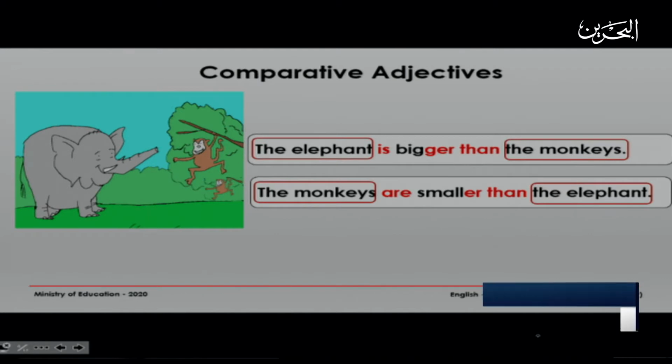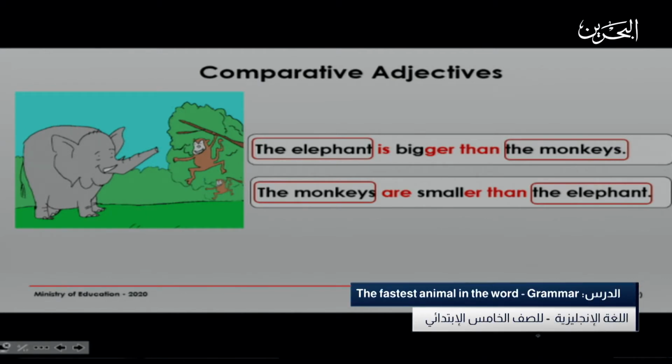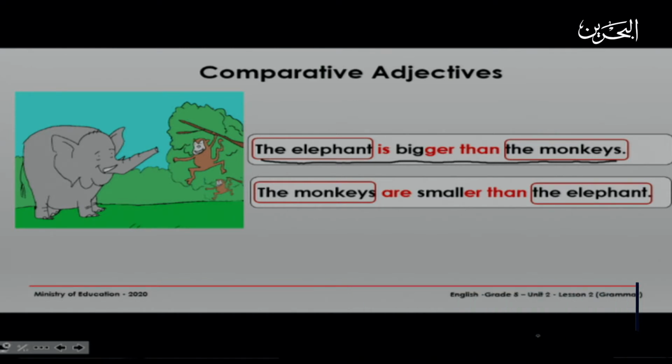Let's look at more examples. We have here the same example. Look at this picture. The elephant is bigger than the monkeys. As I said earlier, we use the comparative adjective to compare between two groups. The first group here, the elephant, and the second one, the monkeys. To compare between two groups, you have to use adjectives.